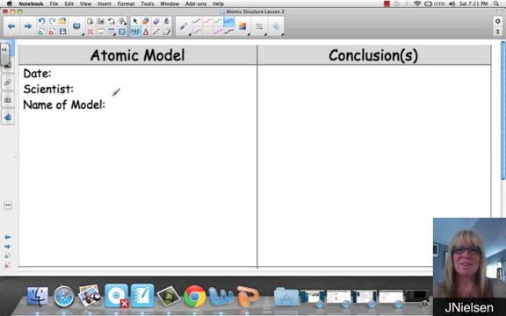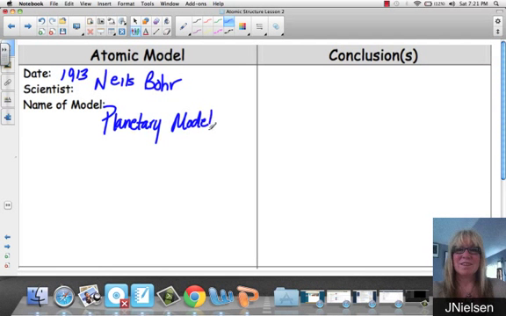Moving on, after Rutherford, we had Niels Bohr in 1913. And he's known for his planetary model. You will sometimes hear it referred to as the Bohr model after him.